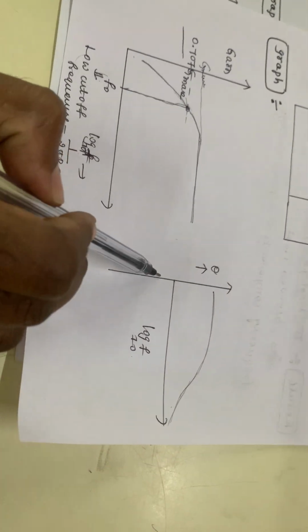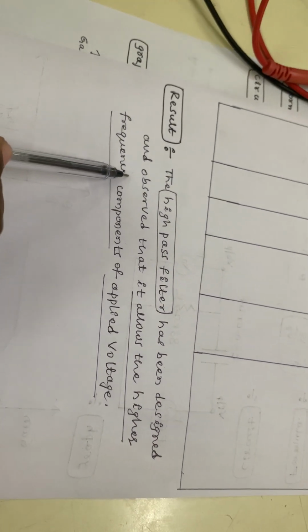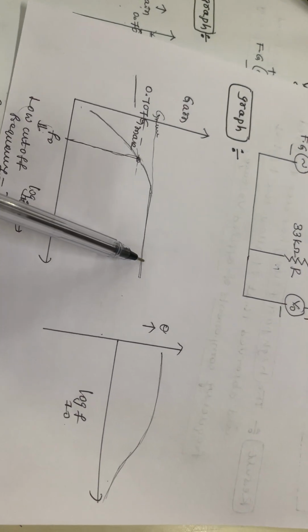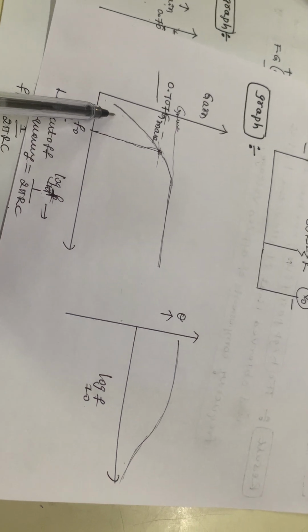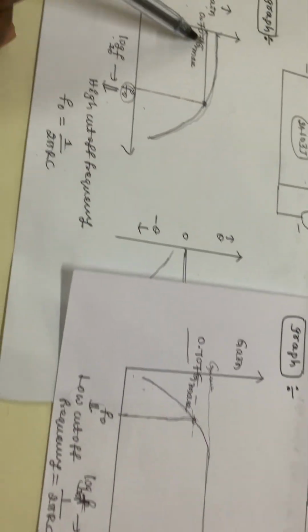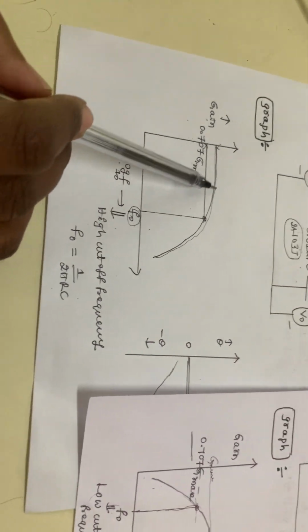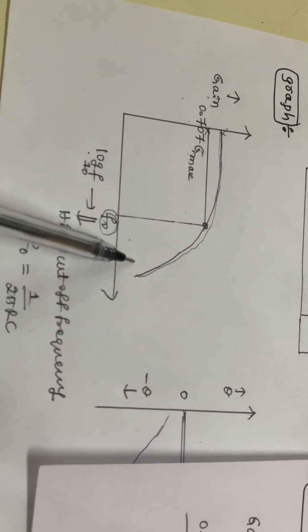So by using this, the result we have to tell is that the high pass filter has been observed, and it allows the high frequencies and blocks the low frequency range. That's why we call this a high pass filter. Similarly, the low pass filter allows low frequencies and blocks the high frequencies.